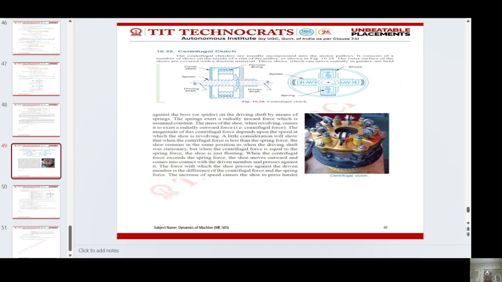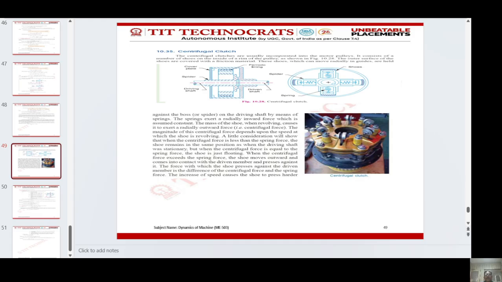These shoes, which can move radially in guides, are held against the spider on the driving shaft by means of a spring. The spring exerts a radial inward force which is assumed constant. The mass of the shoe, when revolving, causes it to exert a radially outward force. The magnitude of this centrifugal force depends upon the speed at which the shoe is revolving.